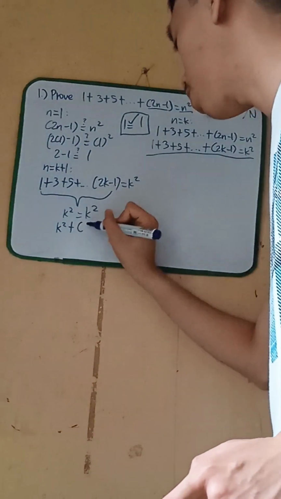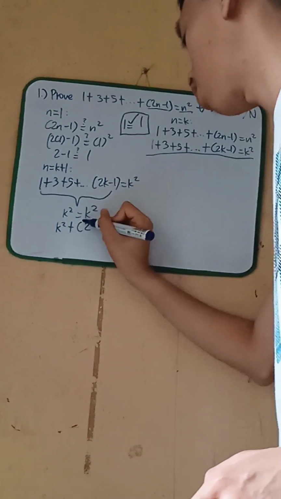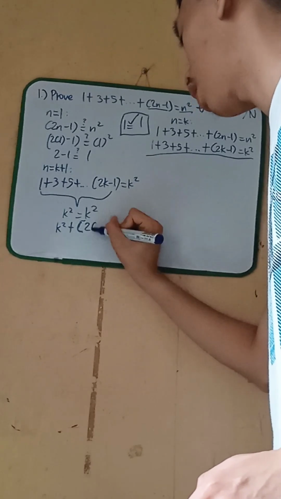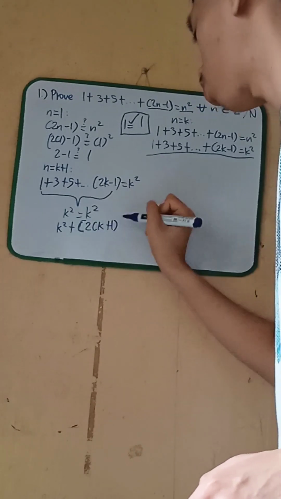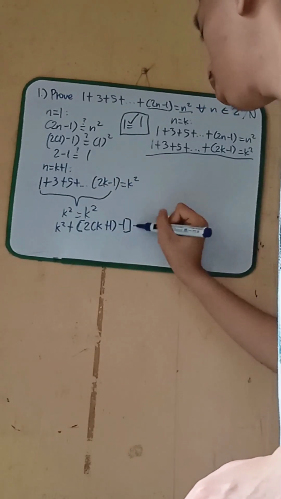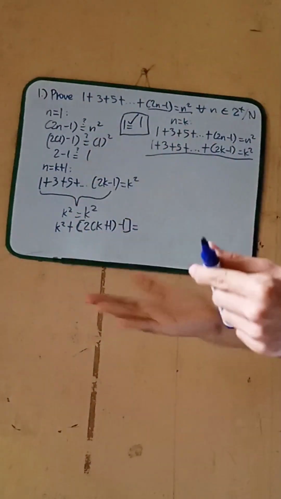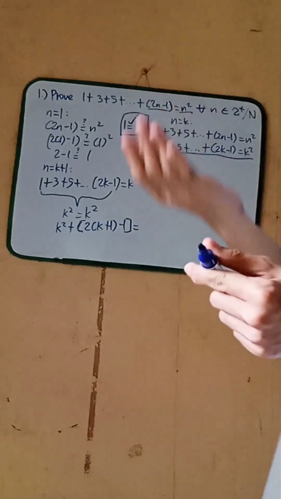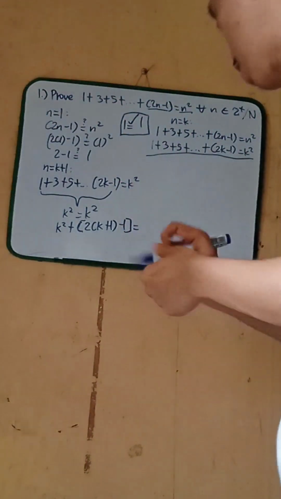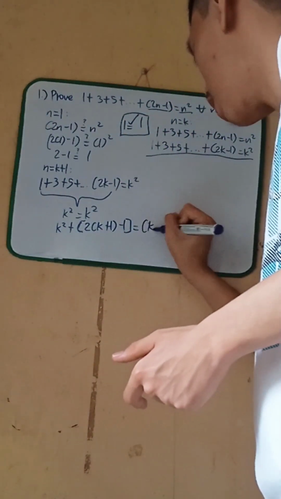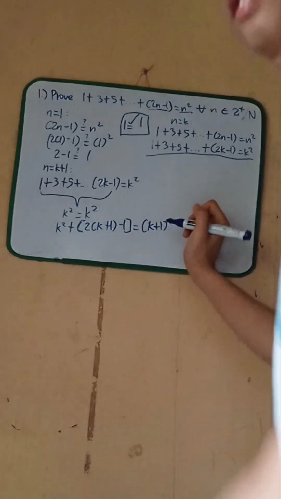So that's how you do that. So, bracket 2 times k plus 1 minus 1 equals this k squared at the right-hand side. All of the k at the right-hand side, you just substitute by k plus 1. So you have k plus 1 squared, right?